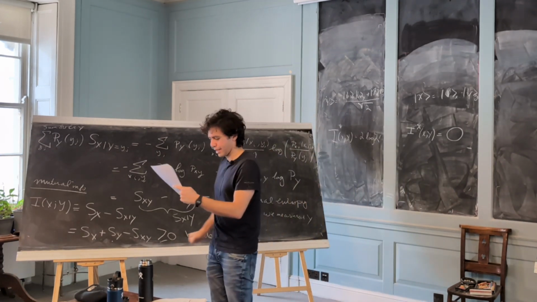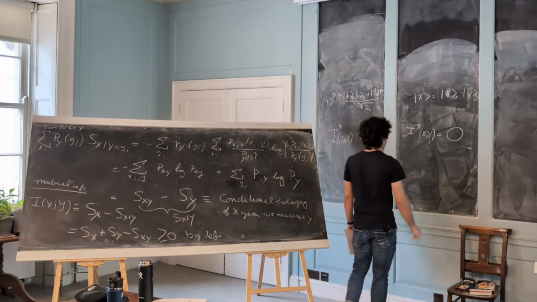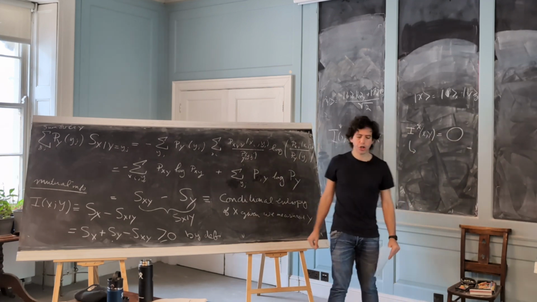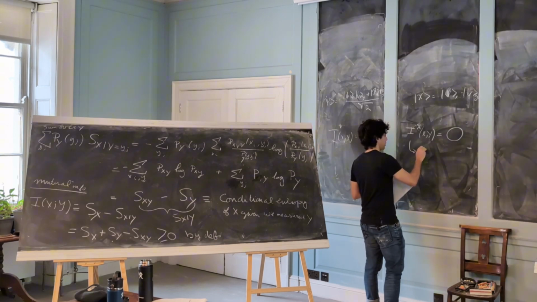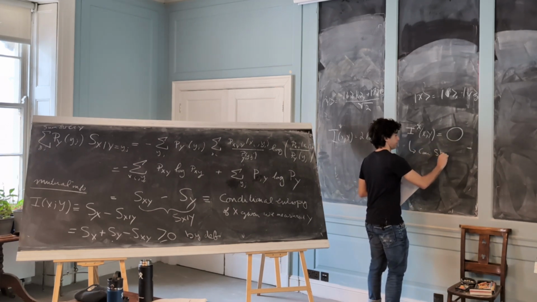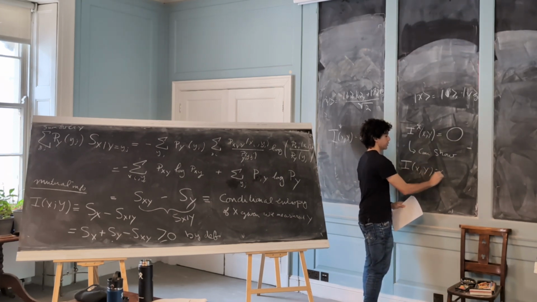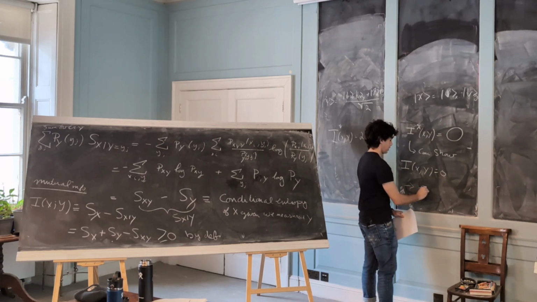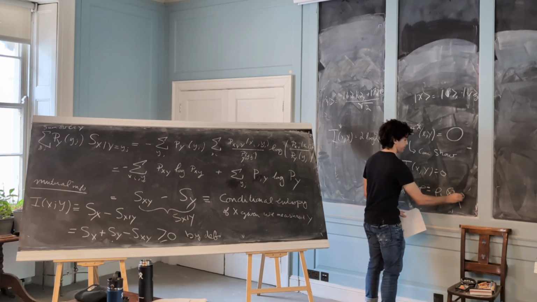So there's a nice theorem that I'm not going to prove, but you can show that if the mutual information between x and y equals 0, that happens if and only if rho can be written as rho x tensor rho y.